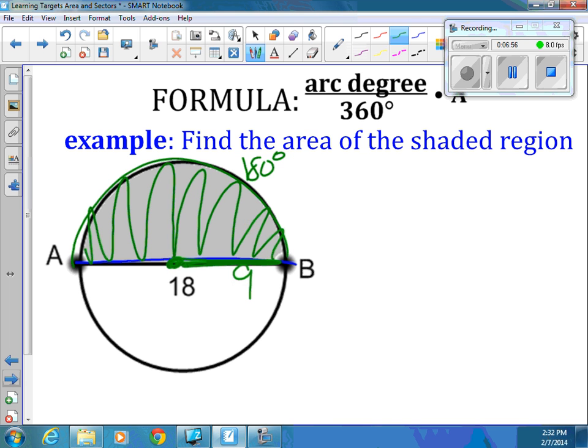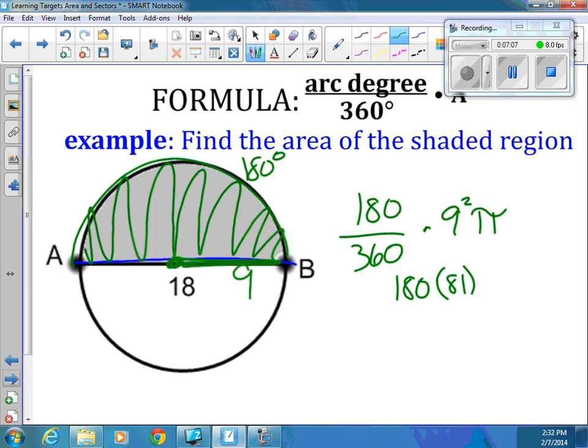Okay, so when I plug it in, I have 180 over 360 times 9 squared pi. Okay, so I have 180 times 81, because that's 9 squared, pi over 360. And when I type that into my calculator, I do the 180 times 81 divided by 360, and I get 40.5 pi units squared.